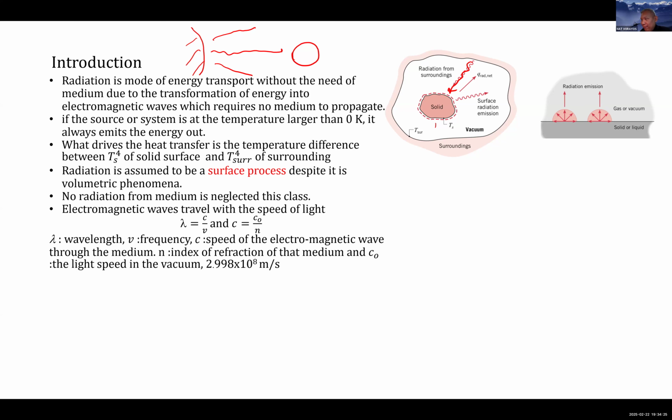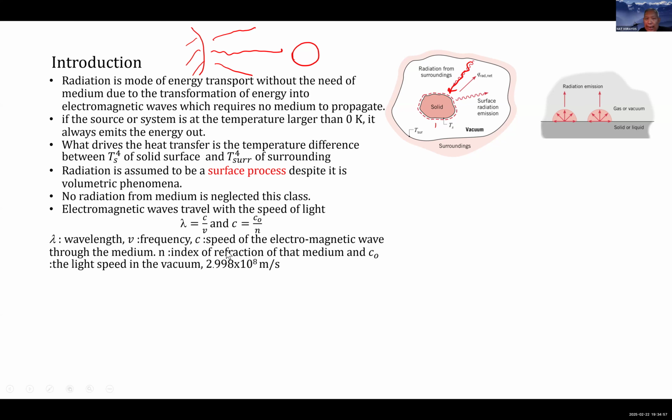Electromagnetic wave, the highlight would be wave, meaning that you can use this wave equation. Lambda equal to velocity of the wave over the frequency of the wave. Okay, so velocity of electromagnetic wave is the velocity of light.